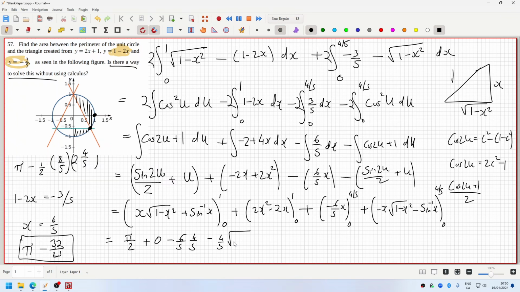That's 1 minus 16 over 25. That's 9 over 25. This isn't quite working out nicely for me. Minus sine inverse 4/5.